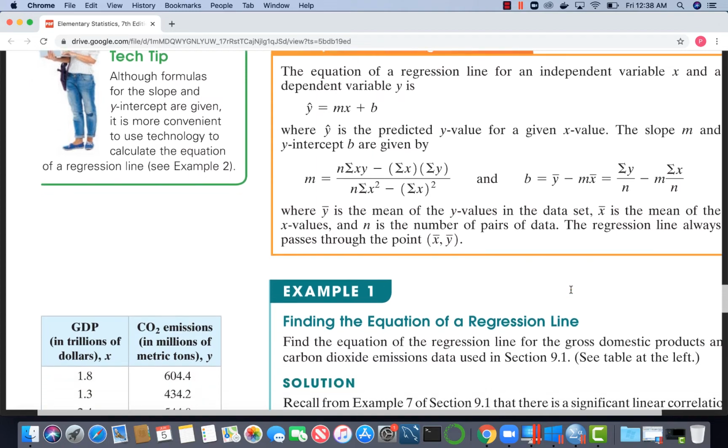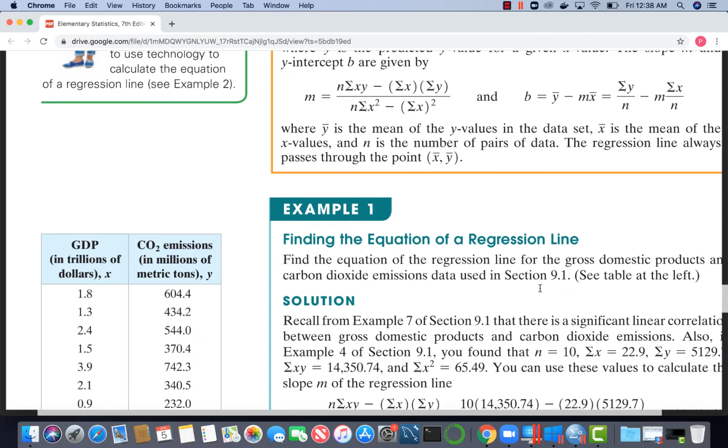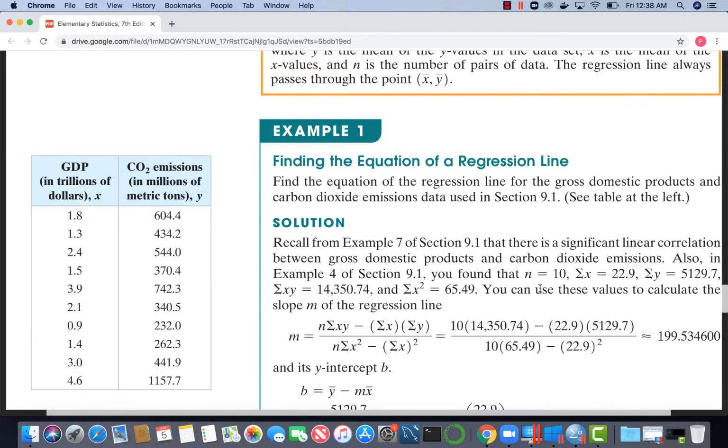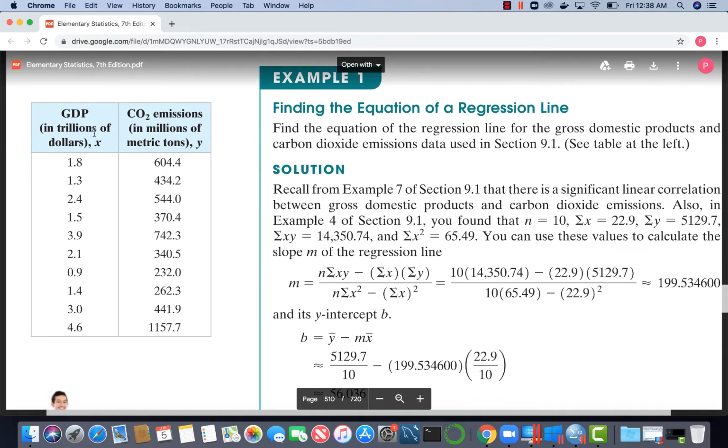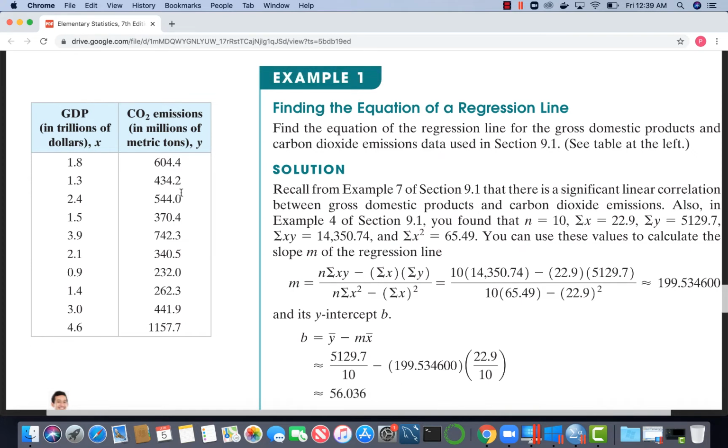Let's take a look at an example where we will do this. We have GDP in trillions of dollars, and carbon dioxide emissions in metric tons.